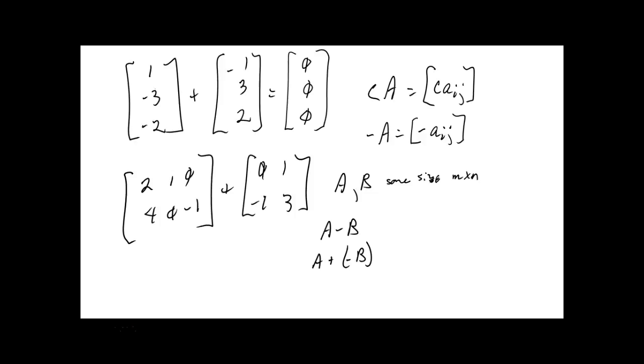So, let's do example 3. Here's matrix A: 1, 2, 4, -3, 0, -1, 2, 1, 2.